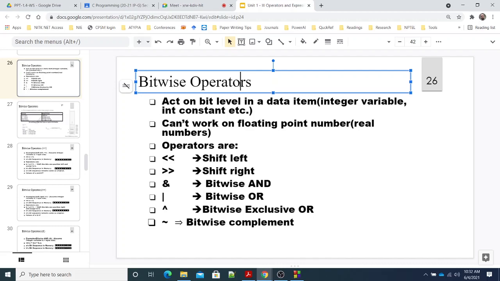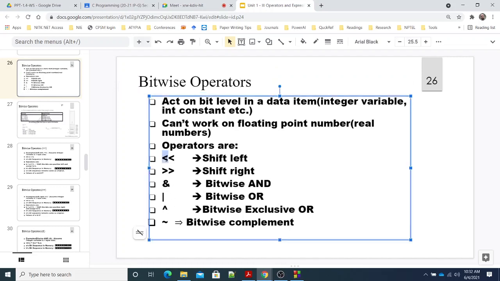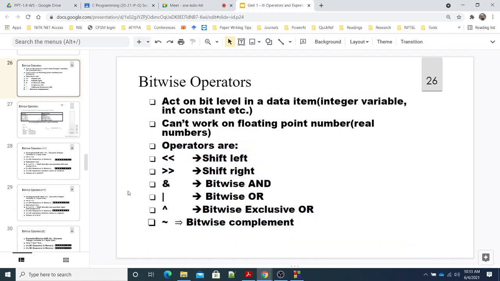There are 6 bitwise operators. Probably you need to learn at least 5 or even 6. Shift left operator, shift right operator, bitwise AND operator, bitwise OR operator, bitwise exclusive OR, bitwise complement. We will cover these probably in the next class.